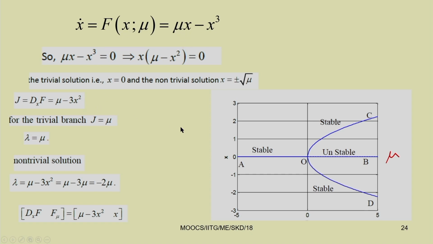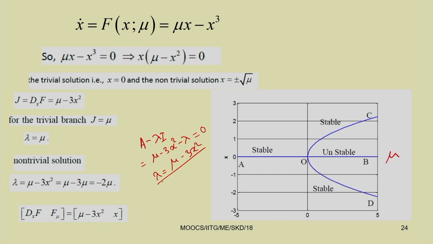For the trivial state, we can find A minus lambda I. In this case A is the Jacobian matrix, so J minus lambda I becomes mu minus 3 x square minus lambda, making this equal to 0. So, we will get lambda equals mu minus 3 x square.